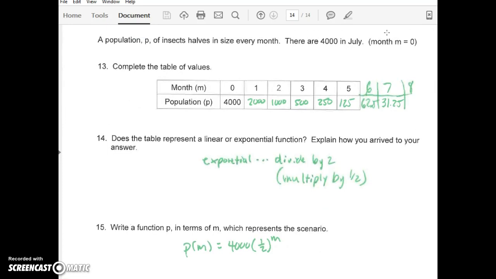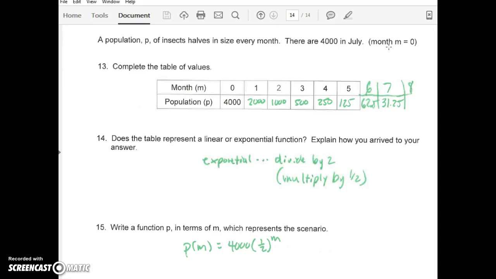So this is where it gets a little bit weird, because there's 4,000 in July, which we're calling month 0. It doesn't make sense to have a starting point of January in this case if we're talking about the population of bugs decreasing, because we know that in January there's fewer insects out there. So July would have a fairly large population, then August, September, and so on would decrease.